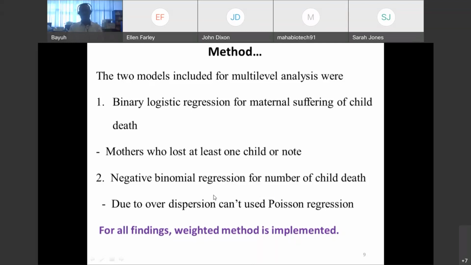My data is overdispersed, so I used multi-level negative binomial regression. For all findings, spatial or factor analysis, a weighted method is implemented because both MICS and DHS data have their own weight values for each individual.